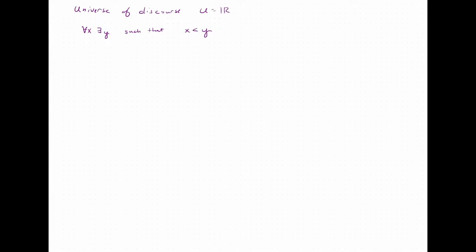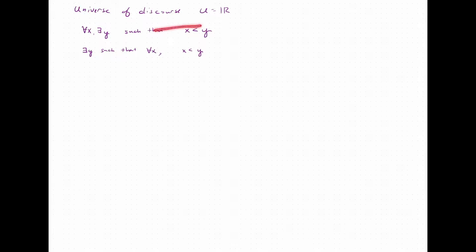And now let's reverse the process and write: there exists some y such that for every x, x is less than y. And so here we have our statements. Are these the same? All we have done is just reverse the symbols for every x and there exists.